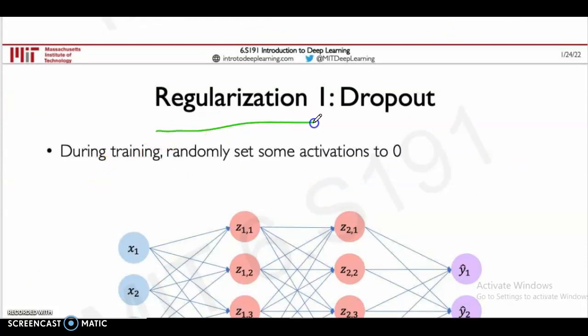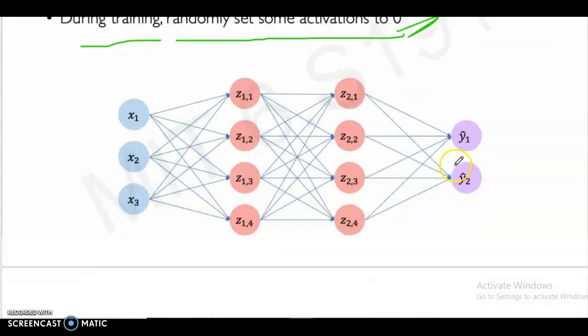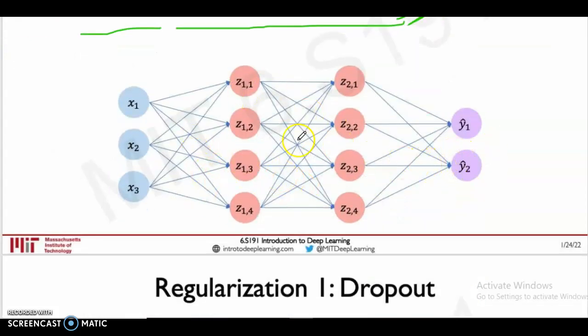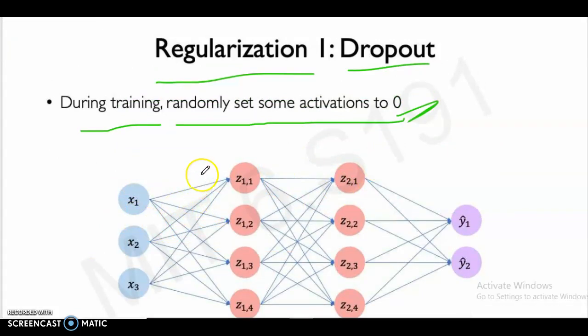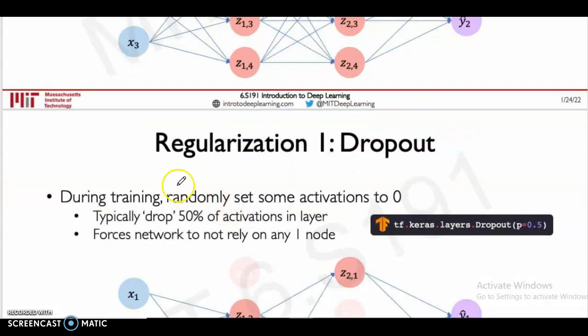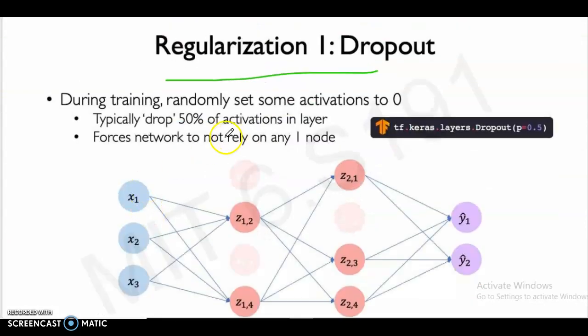Regularization 1: dropout. During training, randomly set some activations to 0. Typically, drop 50% of the activations in the layer.